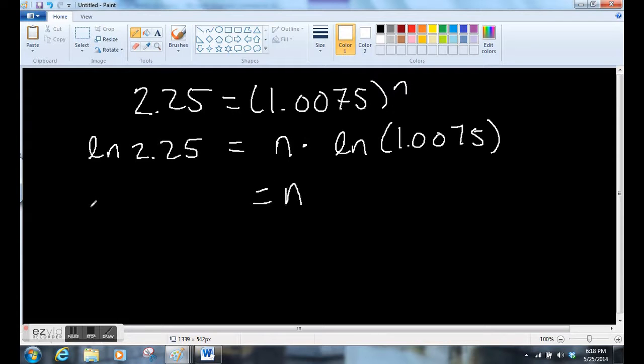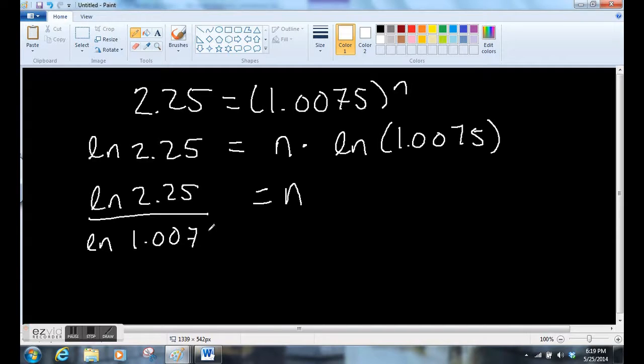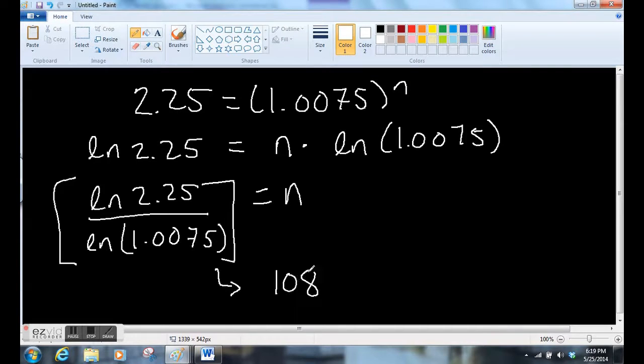So n is equal to natural log of 2.25, divide both sides by natural log of 1.0075, a number that we all have handy. I'm kidding. So all of this is equal to, you plug it into your calculator, 108.53 months. That's all.